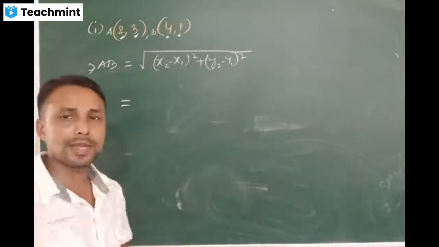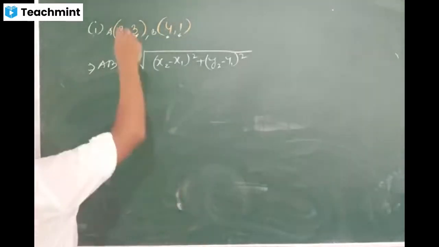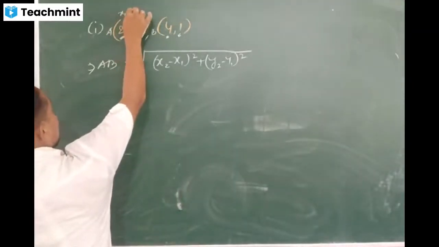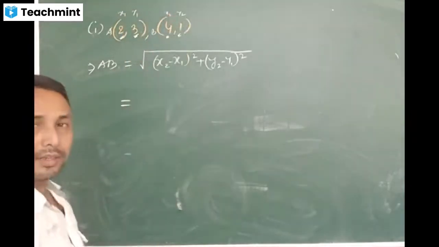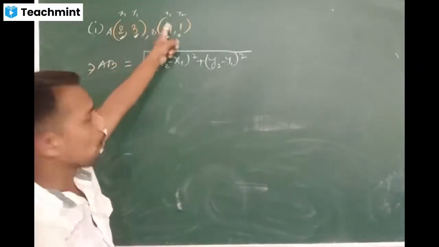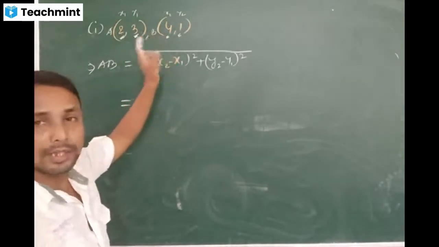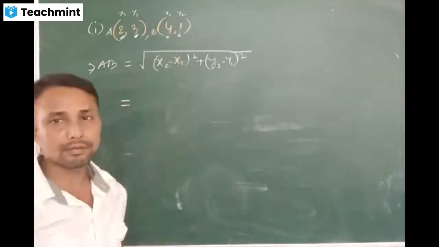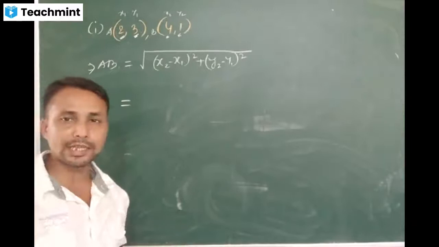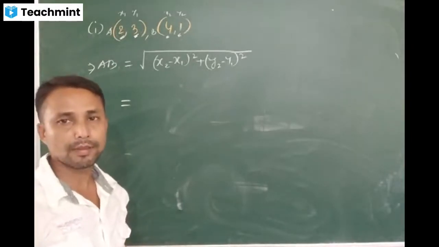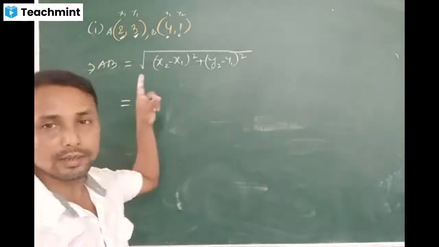If you are still confused or may forget, you can take a small, sharp pencil and write on top x1, y1, x2, y2. Remember, this is just for your own purpose, not for the answer, so it should be written with a pencil, not a pen. It should be erasable. If needed, you can erase it or leave it, no problem. Teachers will also find it much easier to check.